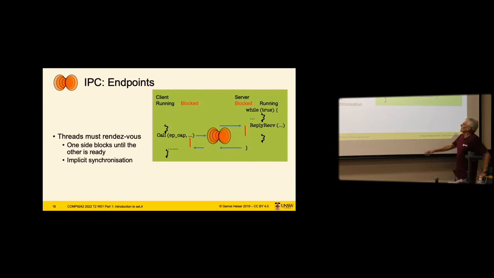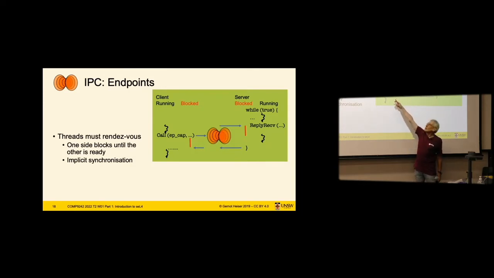So this is how it works. You have a server that is a thread executing in an address space with a protection domain defined by its C space, and it keeps executing, typically in a loop, and then it gets ready to handle the next request. So it does this reply-receive system call, which is basically saying, give me the next request. And the client executes and eventually gets to the point where it wants to invoke the server.